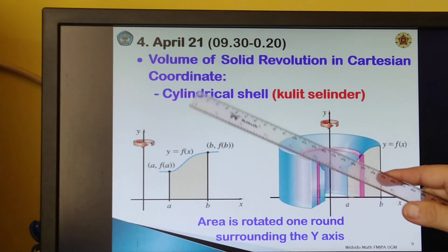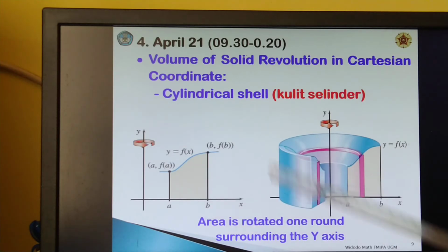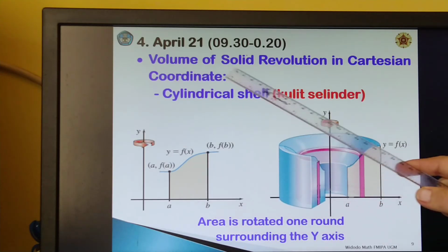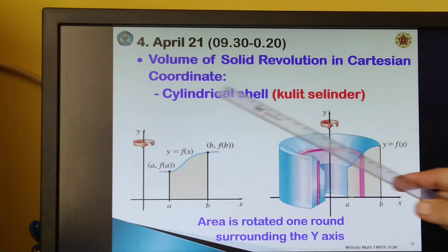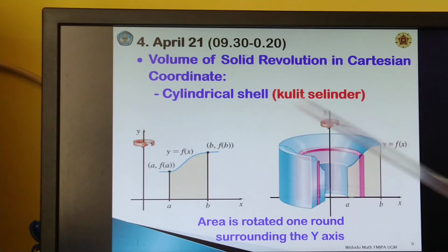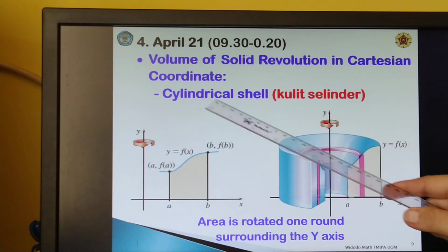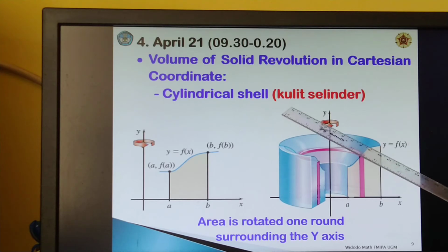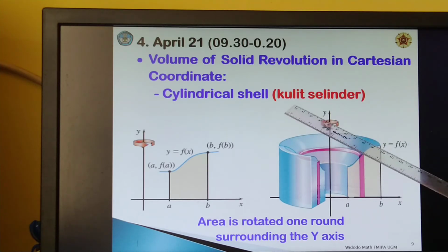In the fourth session, we would like to discuss the volume of the solid of revolution in Cartesian coordinates, but with cylindrical shells. In Bahasa Indonesia, it is called kulit silinder.